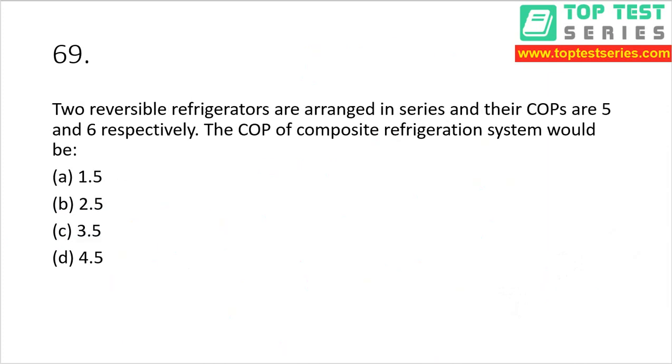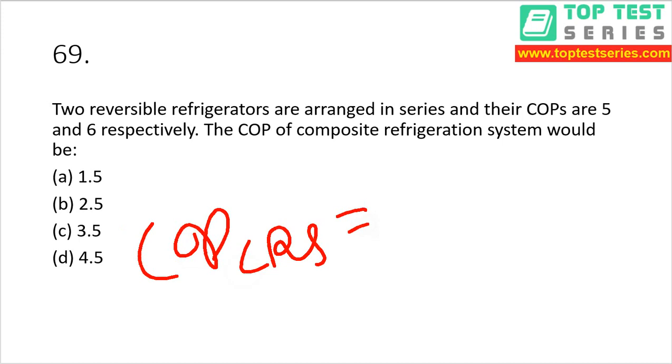Question number 69. Two reversible refrigerators are arranged in series and their COPs are 5 and 6 respectively. The COP of composite refrigeration system would be, my dear, we have to implement the concept of cascade refrigeration system, right? So according to that, COP of composite refrigeration system is equal to what, my dear?